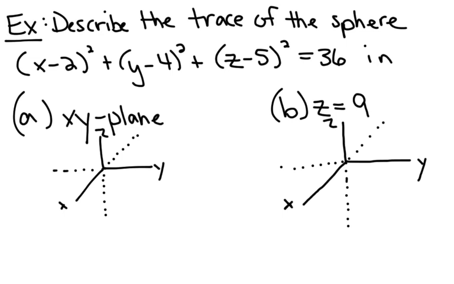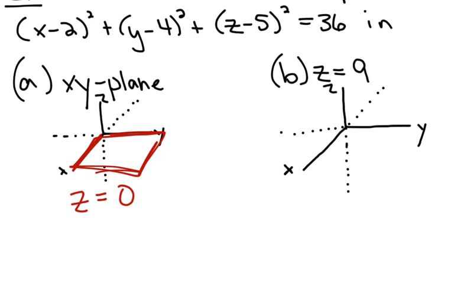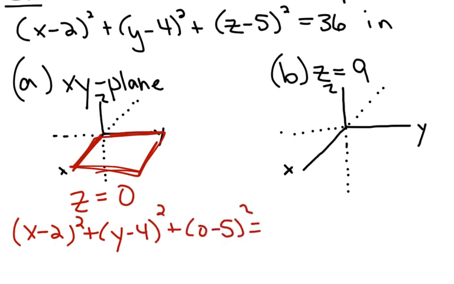In the xy plane, if I want to stick this through a ball, the z component would be 0. So what I'm going to do is, in the equation of the sphere, I'm going to rewrite this having plugged in 0 in place of z. 0 minus 5 is negative 5, negative 5 squared is 25, and then you subtract 25 from over here, and you get 11.